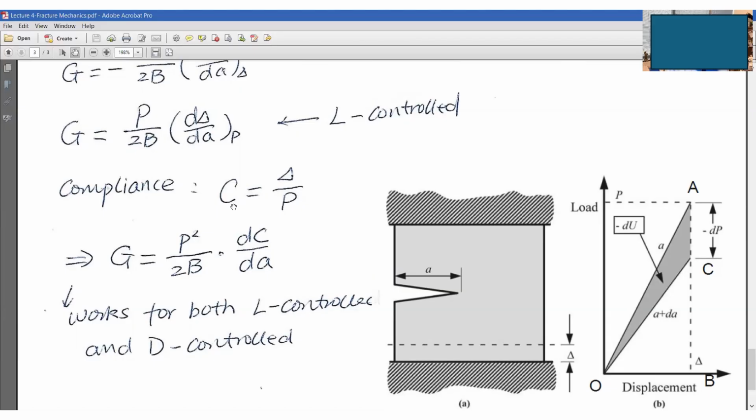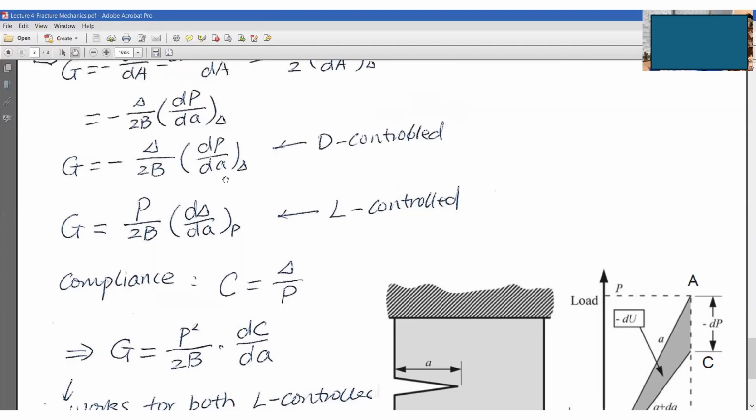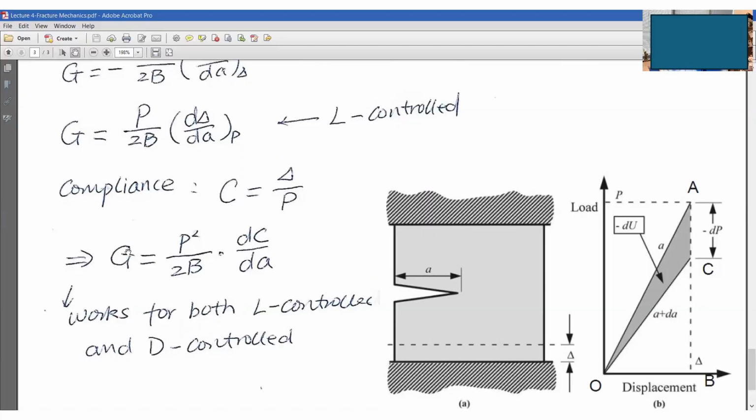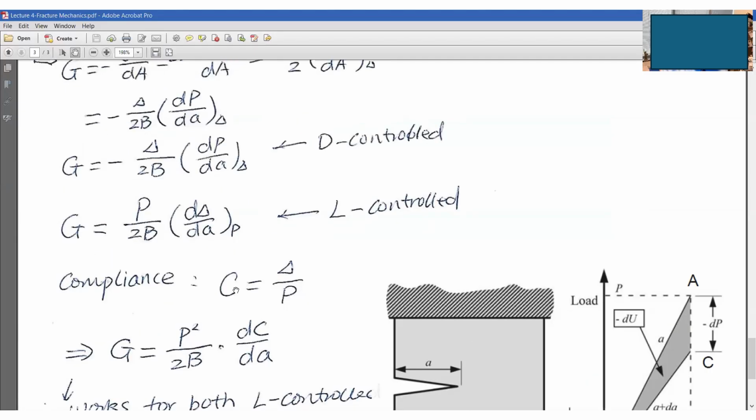Stiffness is defined as the ratio of P with respect to the corresponding displacement delta, but compliance is C equals delta divided by P. So if you plug in, we can get G equals P squared over 2B times dC/dA. This equation works for both load controlled and displacement controlled. And you can just plug in.